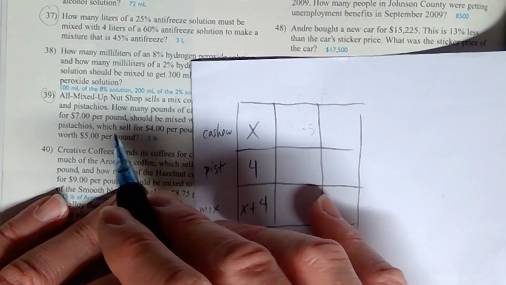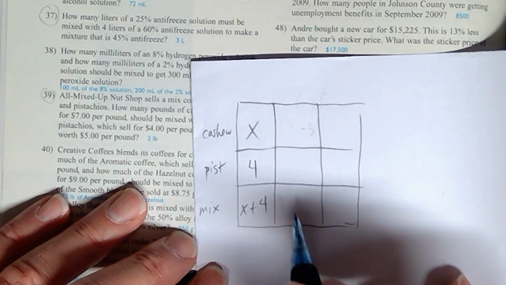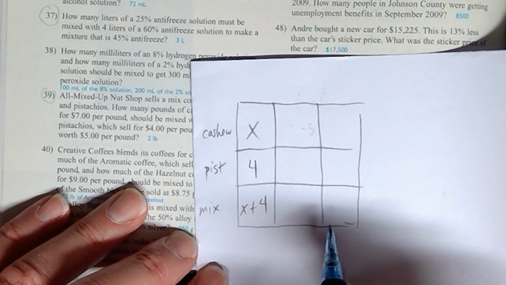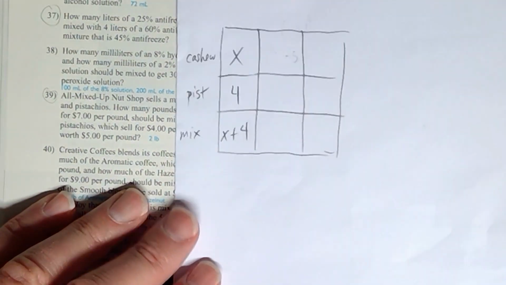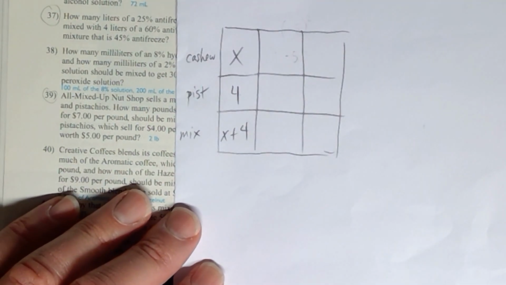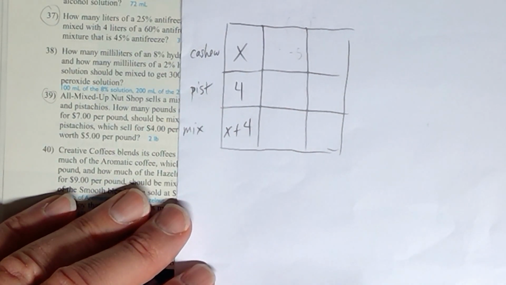It tells you how much per pound for all 3 of these things here, including the mixture, and then you can multiply across in order to figure out the rest. Then you can come up with an equation from what you see there. So go ahead and try that.